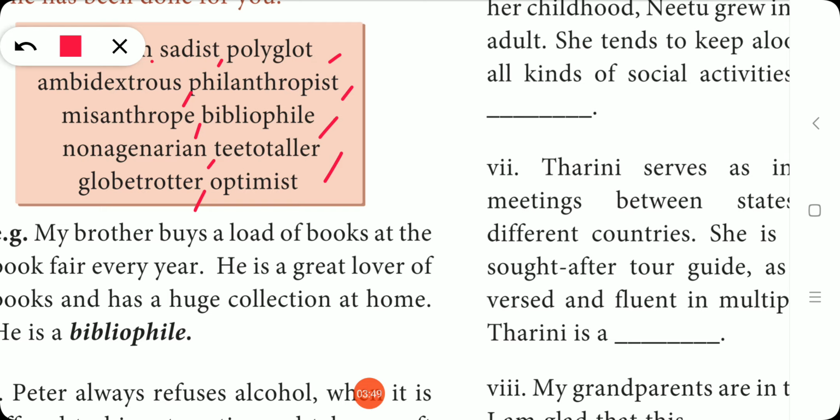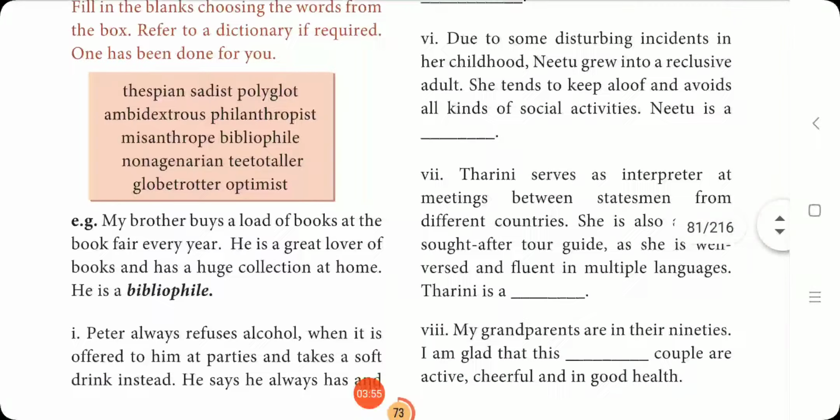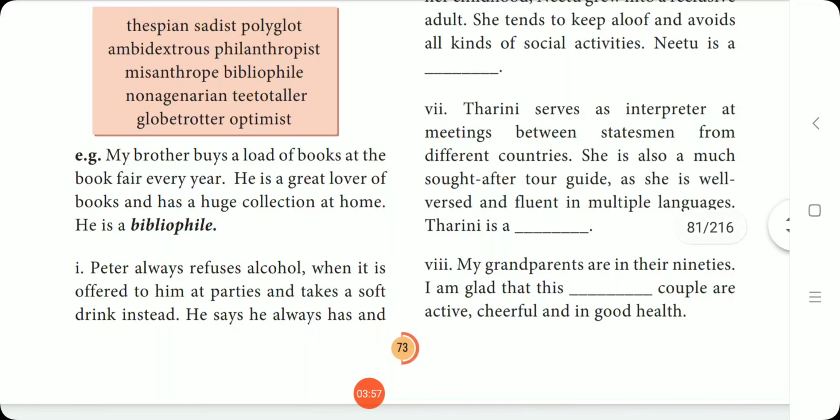They have given the terms and also the questions explaining the terms. We have to find it and answer it. The first one has been done for us. My brother buys a load of books at the book fair every year.